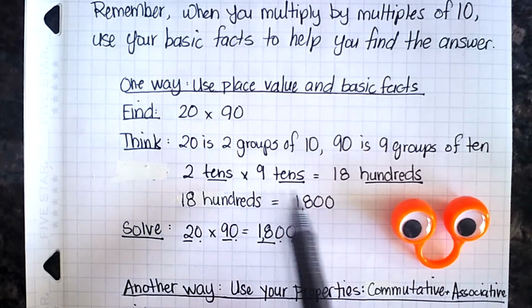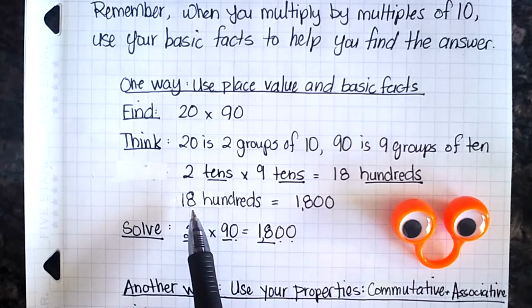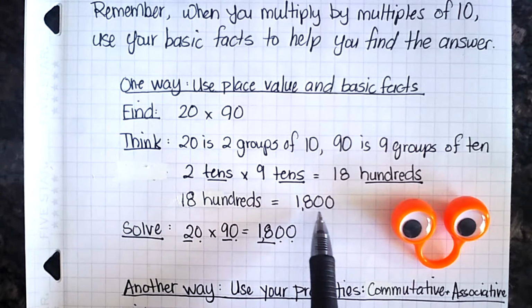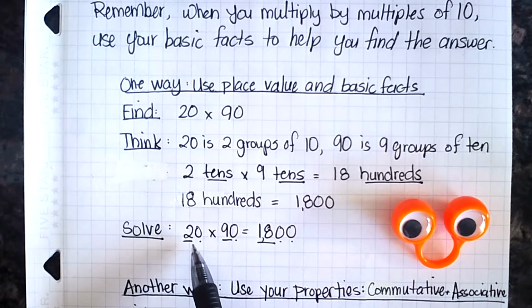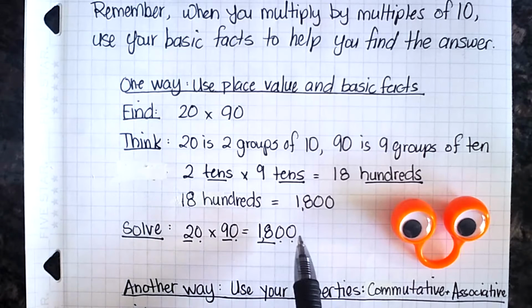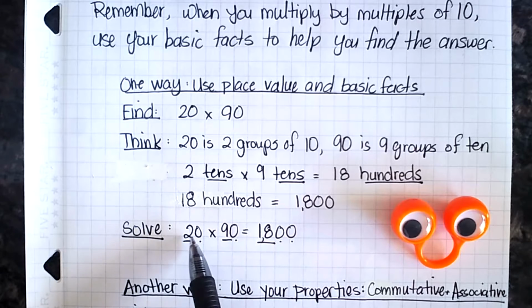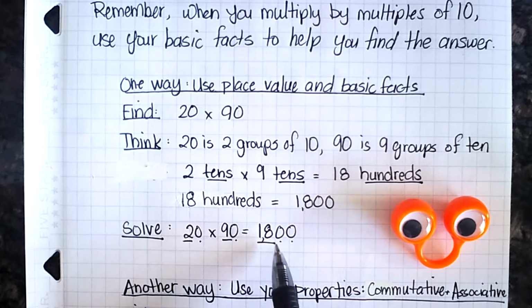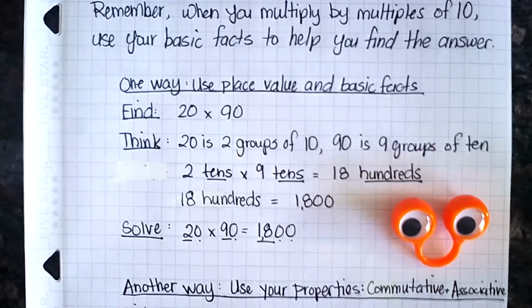So 2 tens times 9 tens gives me 18 hundreds, or I can write it like this, 1,800. So I know that 20 times 90 is 1,800 because the 2 times the 9 gave us the 18, and I had 2 zeros that I had taken off originally when I did my basic fact. I put those 2 zeros back into my answer.